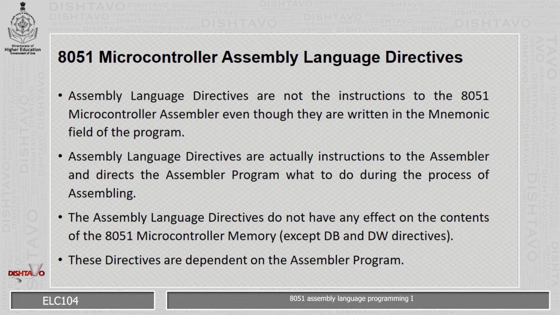They do not have any effect on the contents of the 8051 microcontroller memory except two directives, which are DB and DW. These directives are dependent on the assembler program.